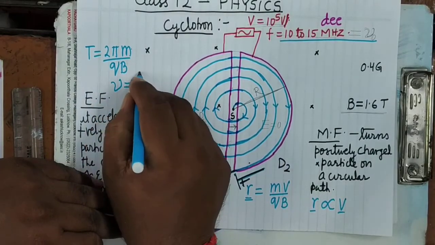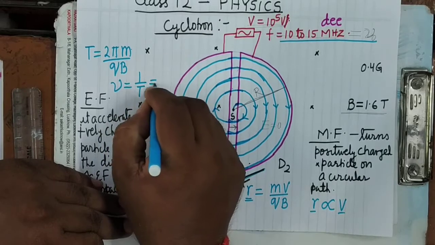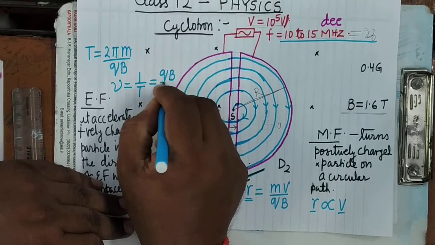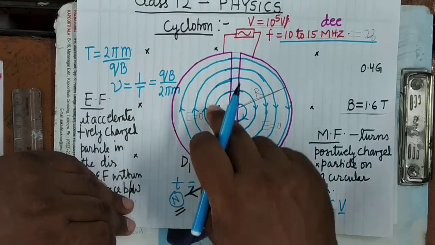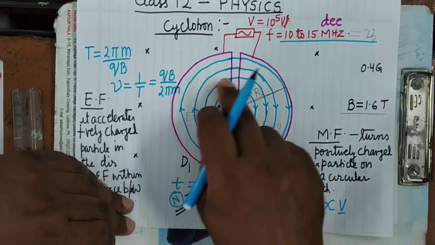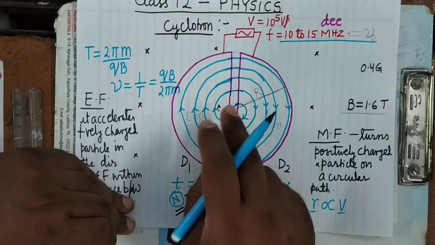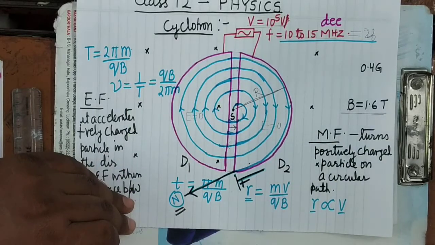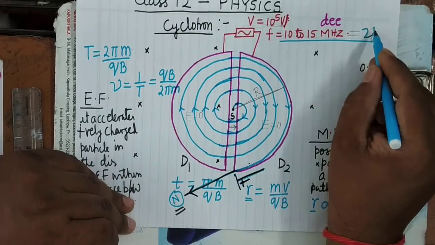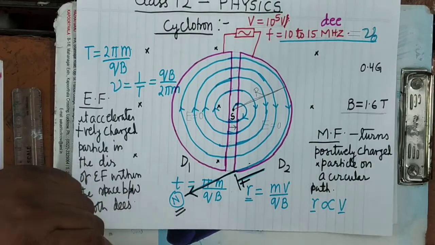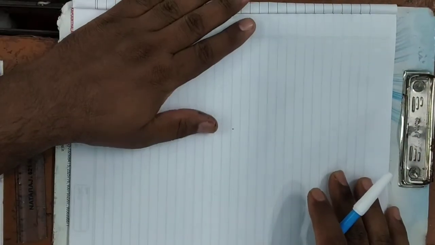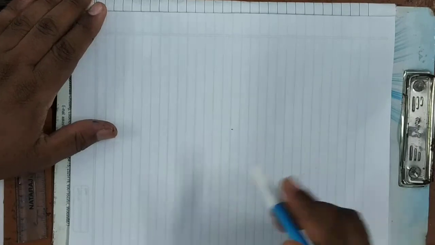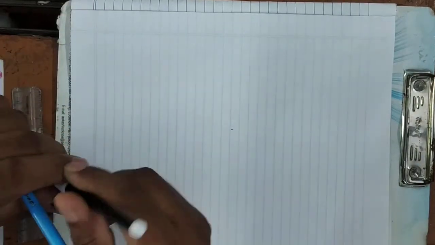Frequency of revolution nu equals 1 upon T, that is qB upon 2 pi m. It is clear. It is the number of revolutions made in 1 second. It should be equal to the frequency of the applied AC source. Means what is the working condition of the cyclotron? You can see here, working condition of cyclotron.